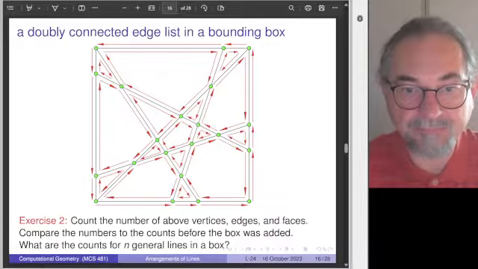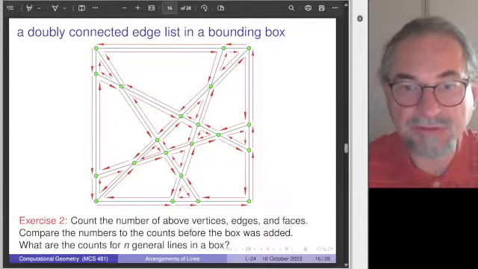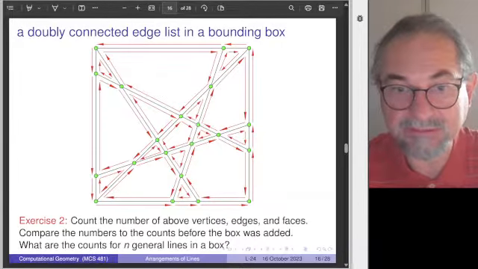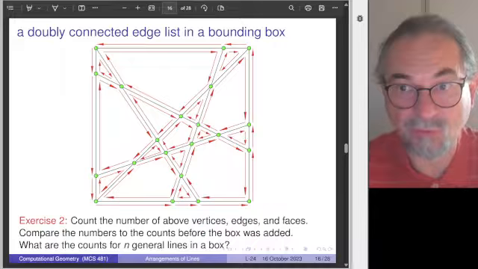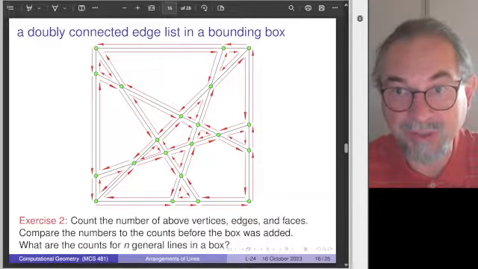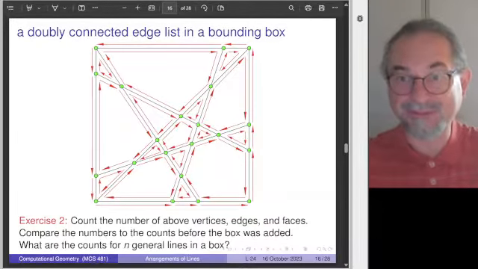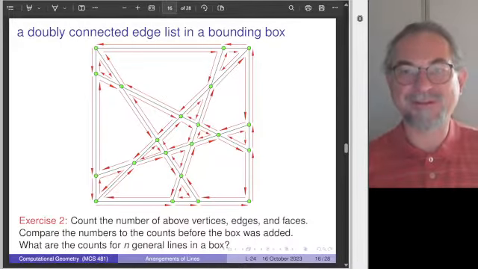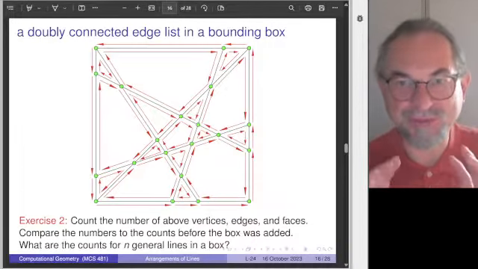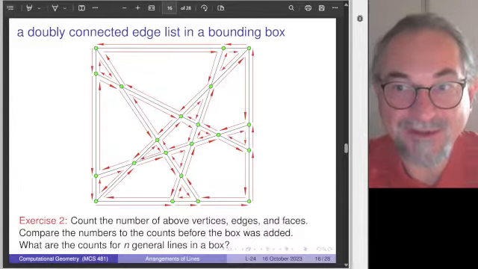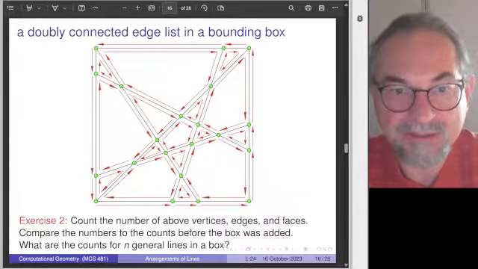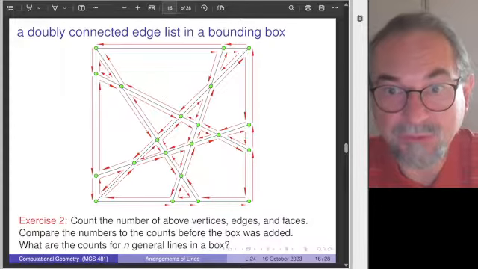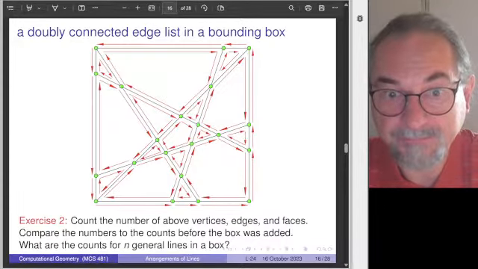Okay, count the number of vertices, edges, and faces. In some sense, this is also a line arrangement. We started with a box, so we are going to combine the first line arrangement with the running example, the 5 lines. Does this actually change something to the results of the theorem?